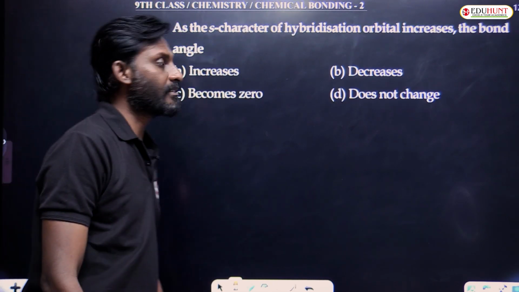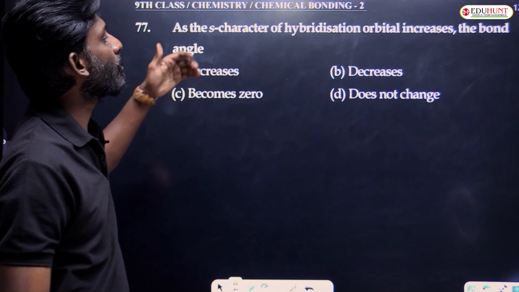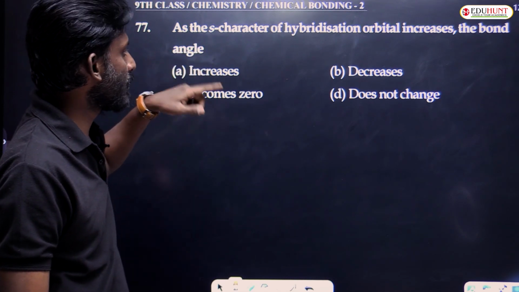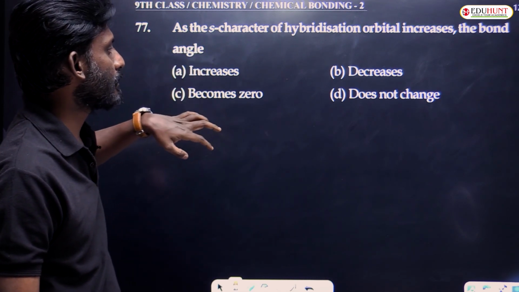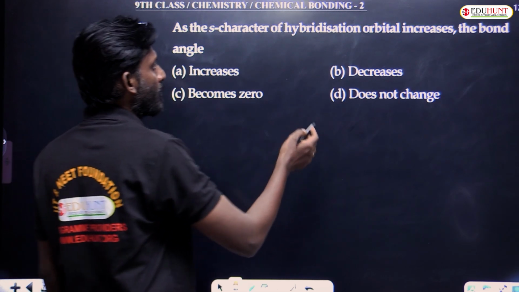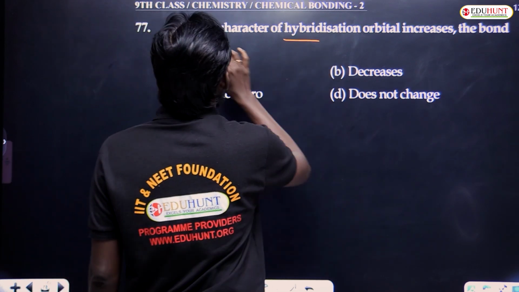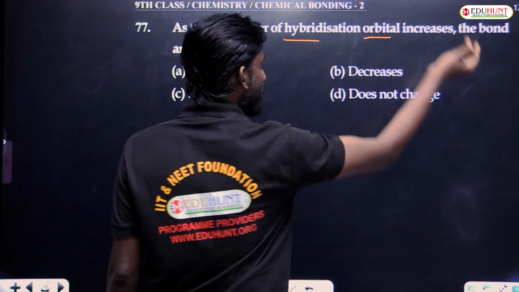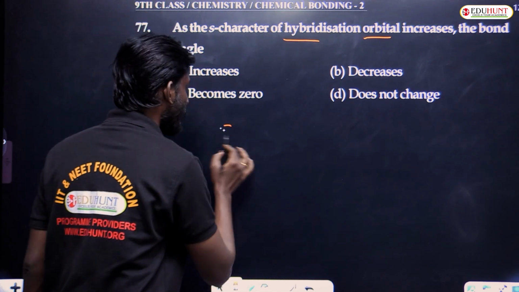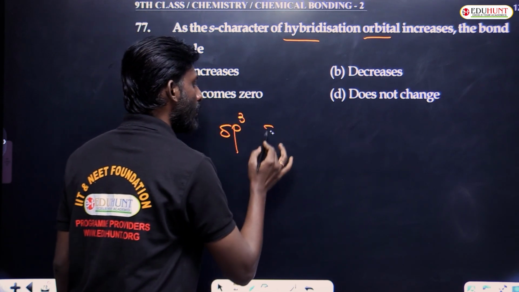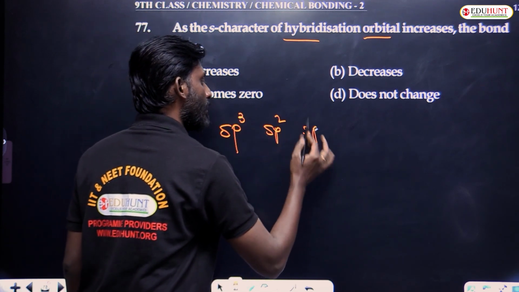Next question number 77. As the S character of hybrid orbital increases, then the bond angle. We discussed all sp3, sp2 and sp.